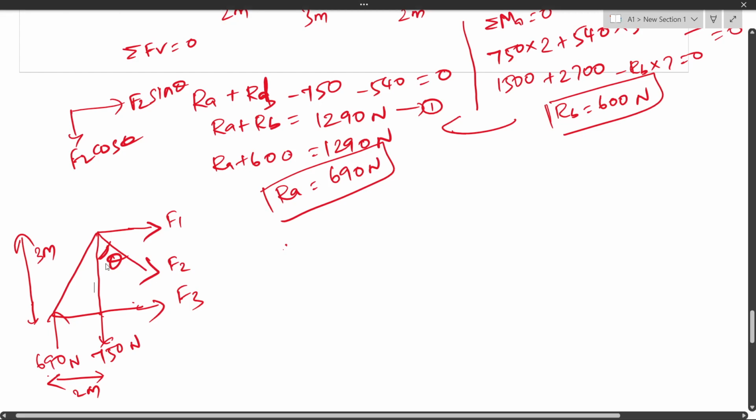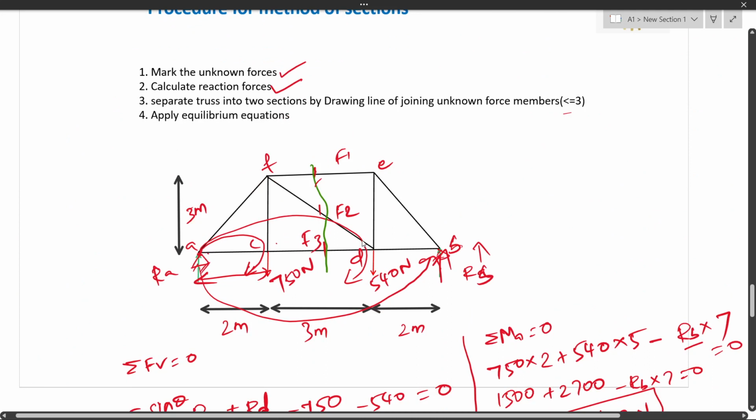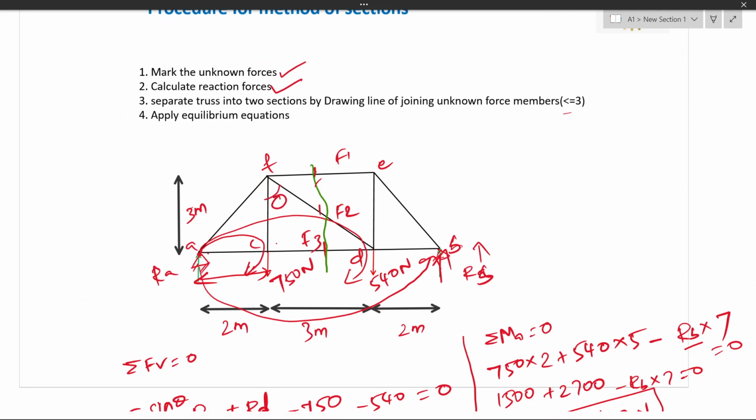So this is step 3, and we need to find the theta also here. What should be the theta? This is the theta value. You know this member length is 3 meter, and this is also 3 meter. So if we apply tan theta, which is equal to opposite, this member 3 meter, and adjacent, this is also 3 meter, so tan theta equals 1.